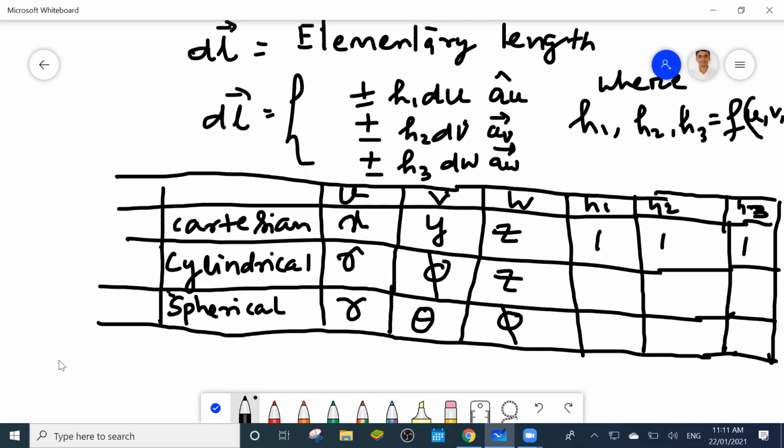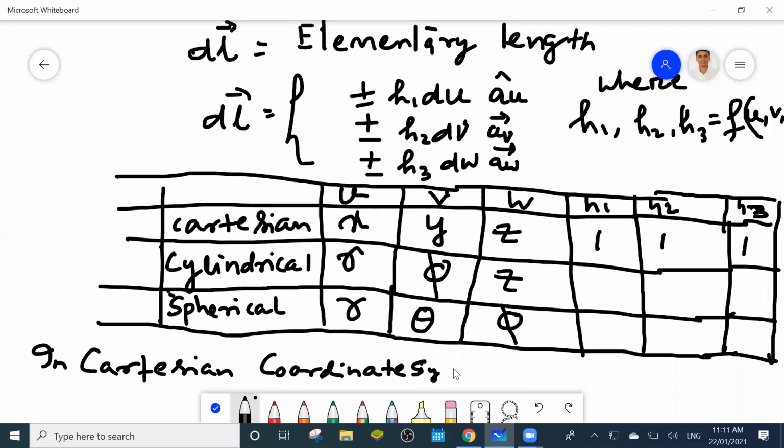So in Cartesian or rectangular coordinate system, this is very, very important, I can write del L, that elementary length, equal to what?